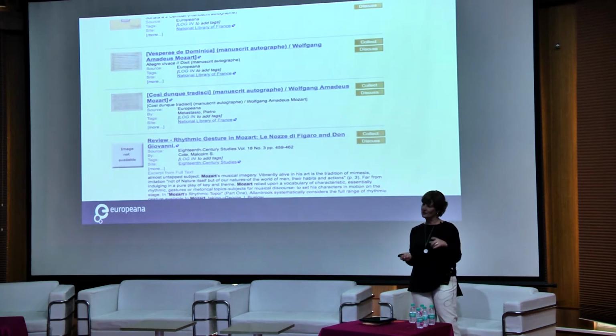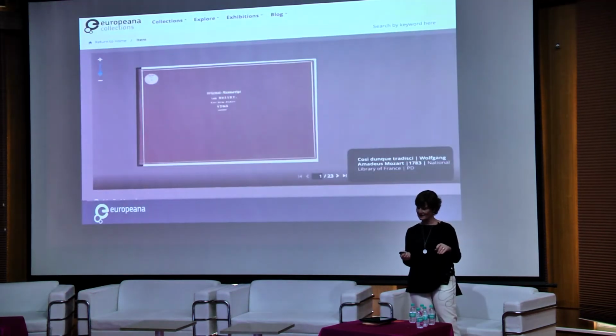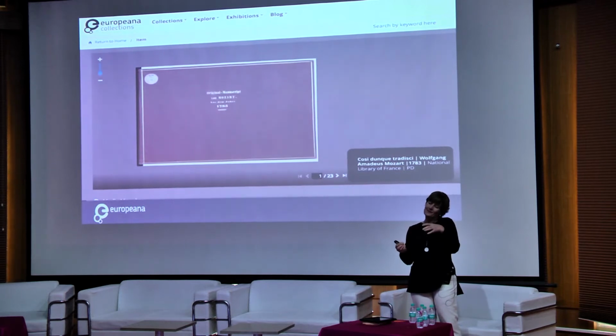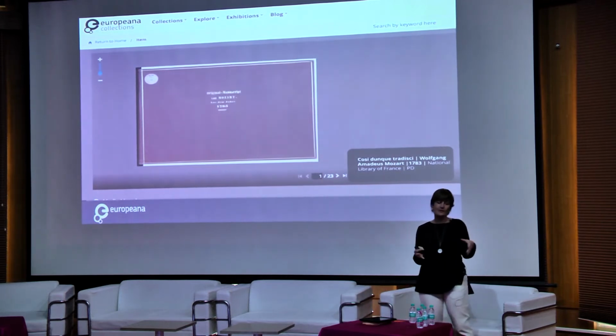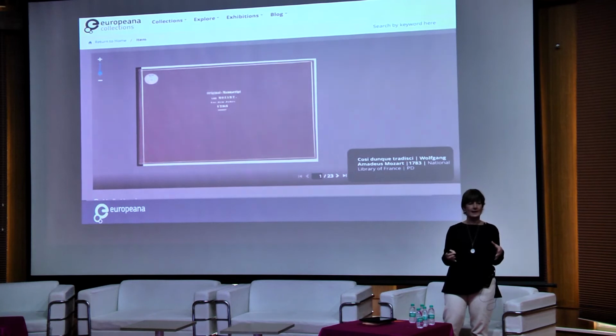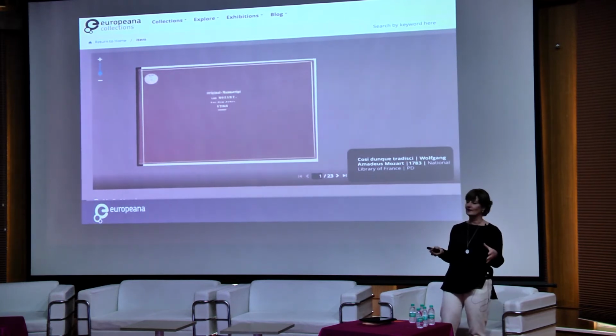So for those of you who are interested, this is also good. It meant that people from within their own environment can get directly to the material that is held in Europeana, so they can click through to the object.